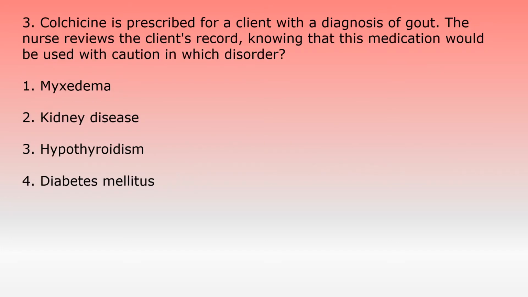3. Colchicine is prescribed for a client with a diagnosis of gout. The nurse reviews the client's record, knowing that this medication would be used with caution in which disorder? 1. Myxedema 2. Kidney disease 3. Hypothyroidism 4. Diabetes mellitus.